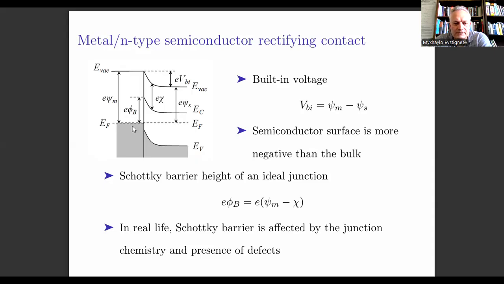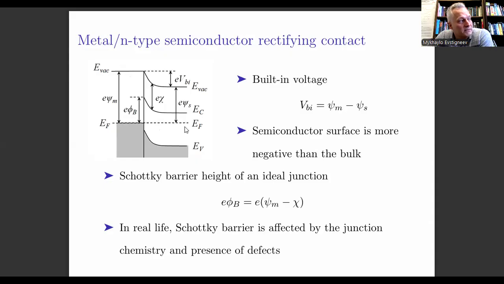The reason is this: the Fermi levels of the semiconductor and the metal must align with each other, because the two systems come to thermal equilibrium with each other. Okay, the electrons get transferred between the two systems, metal and the semiconductor.